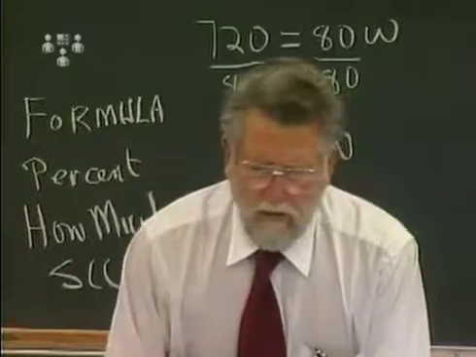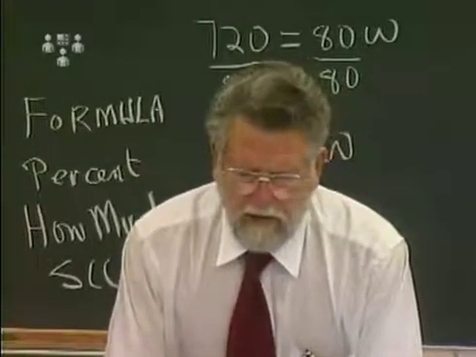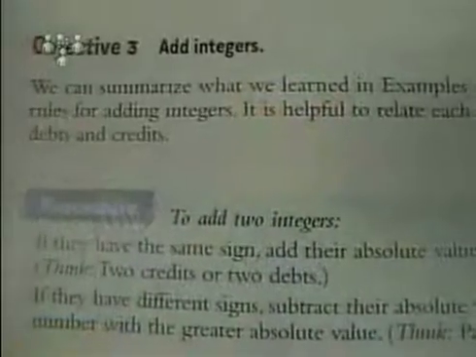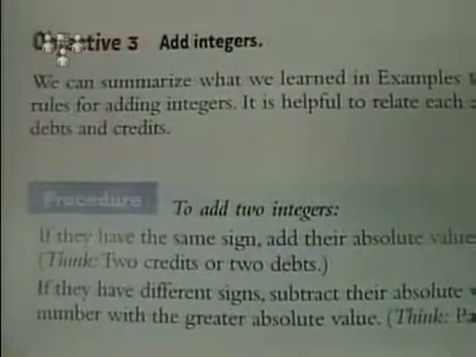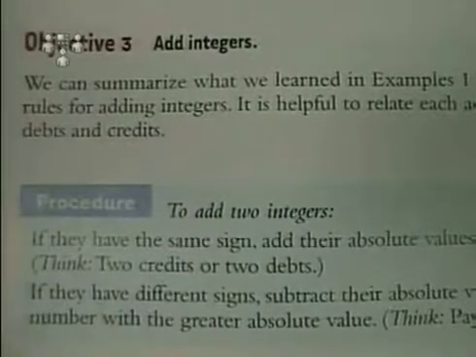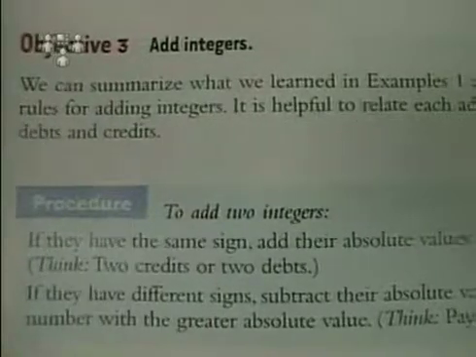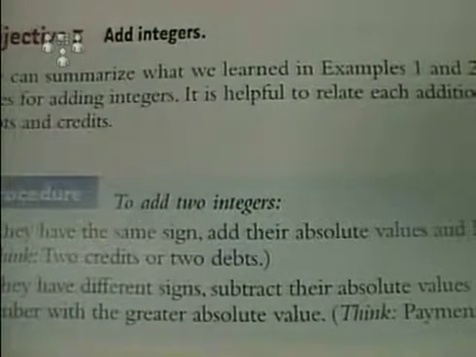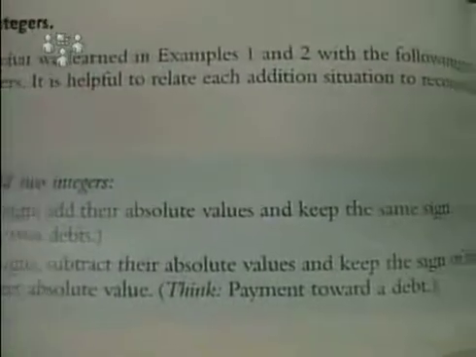And if you are comfortable with mathematics at a certain level, I think this makes sense as we go to the document camera. To add two integers, if they have the same sign, meaning both positive, both negative, add their absolute values. Then keep the same sign.